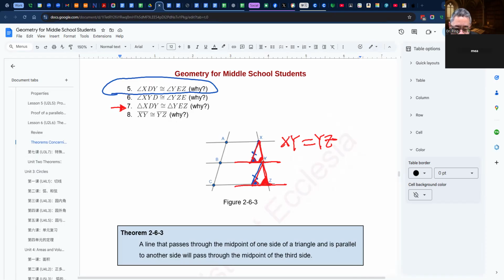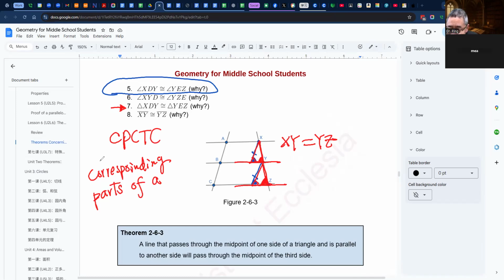Because the two triangles are congruent, then any corresponding parts of the two triangles are congruent. So this is something we call CPCTC. The first C is corresponding parts of congruent triangles.